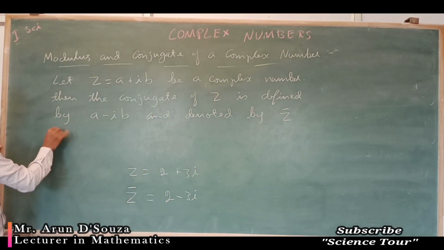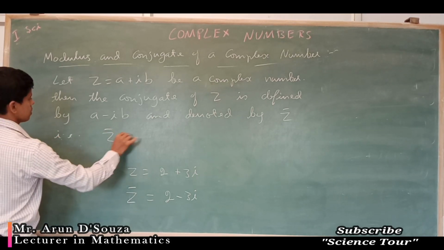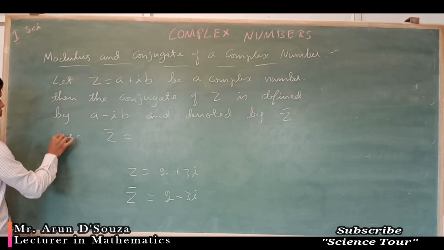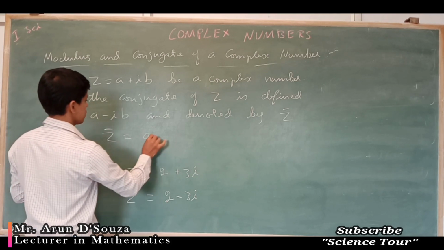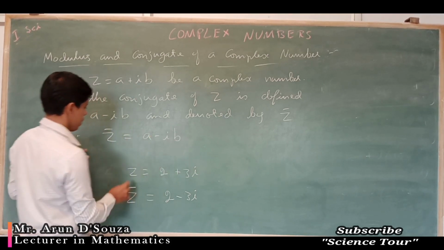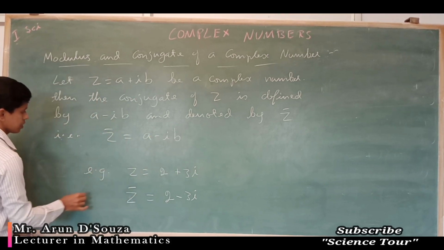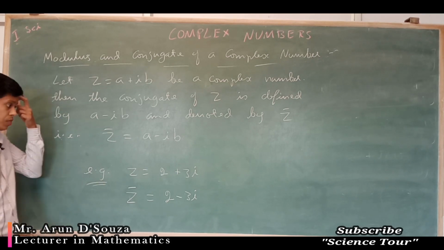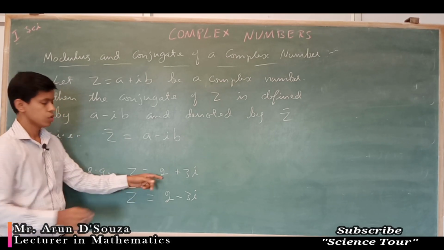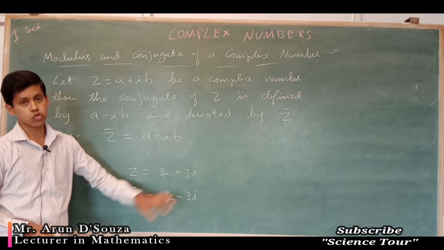Therefore, z bar is equal to a minus ib. Well, so this is an example. If z is equal to 2 plus 3i, z bar is 2 minus 3i.